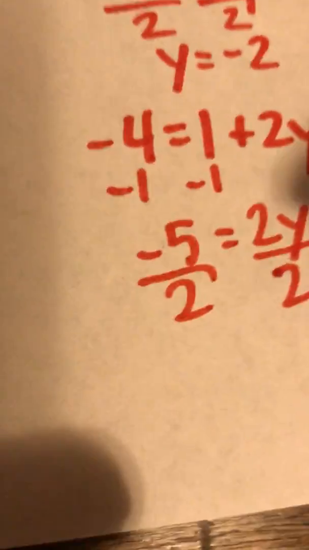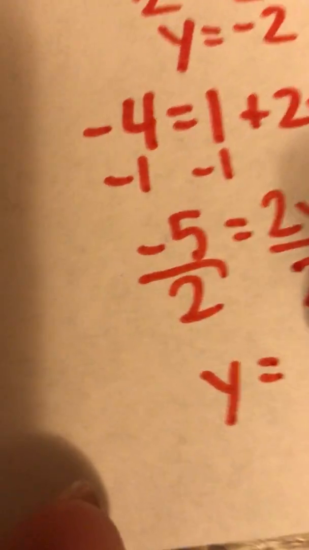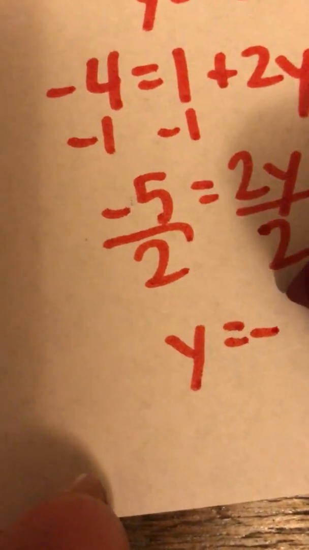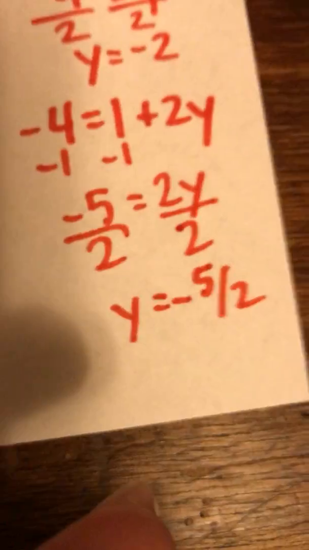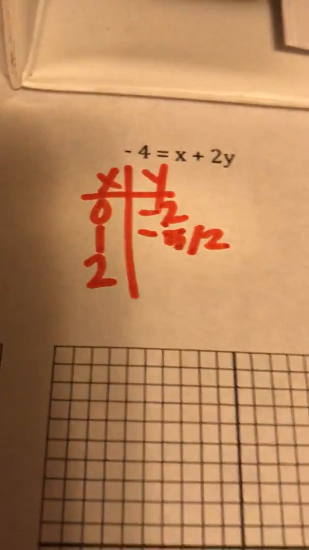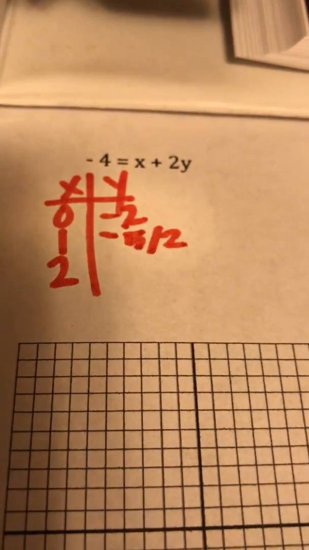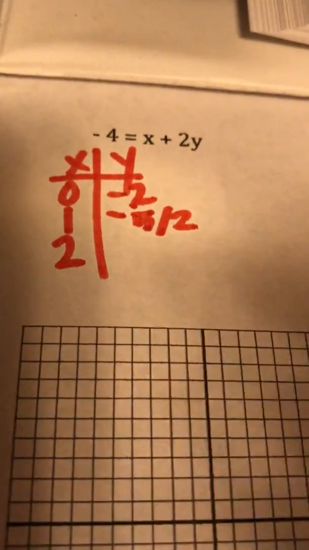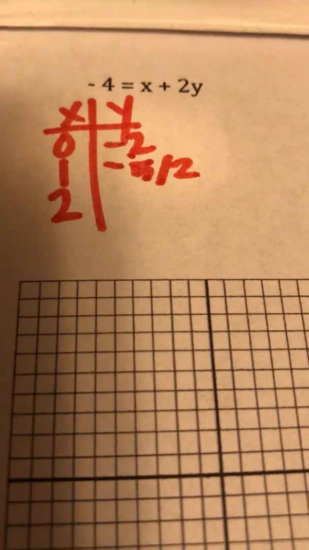We divide by 2, and then y equals negative 5 halves. Sorry about that. Okay, so now when x is 1, y is negative 5 halves, or negative 2.5.